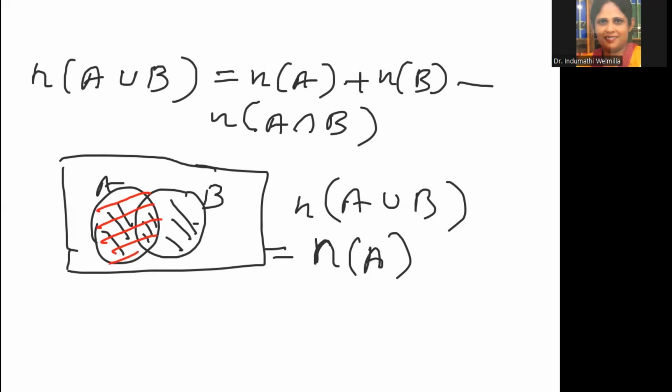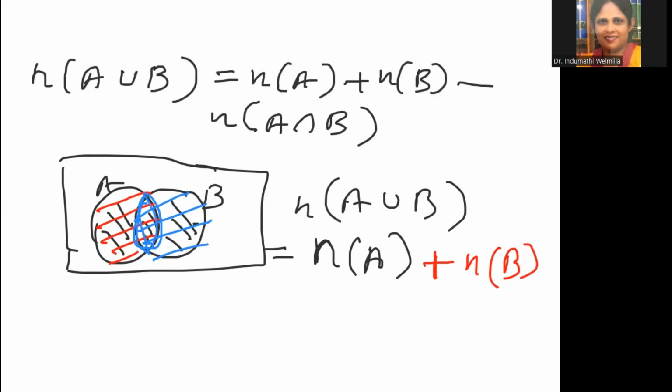And then when we next add n(B), we again add this part, right? Then what has happened? This middle part, the intersection part, we add twice.